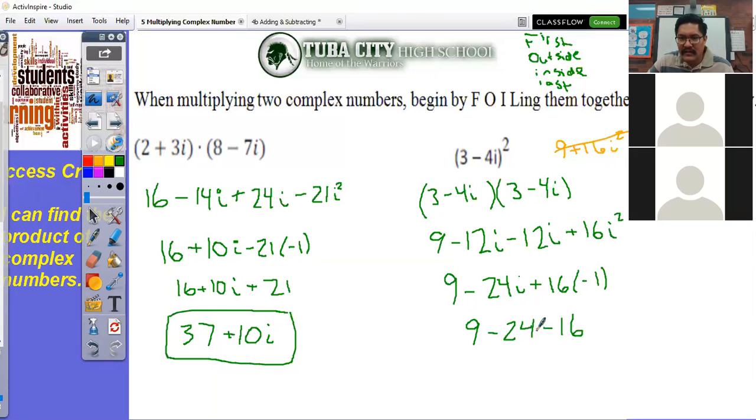Oops, I almost forgot this i here. Good thing I'm looking out for myself. 9 minus 16, so I've got to put the real number first. So 9 minus 16 is -7 and -24i.